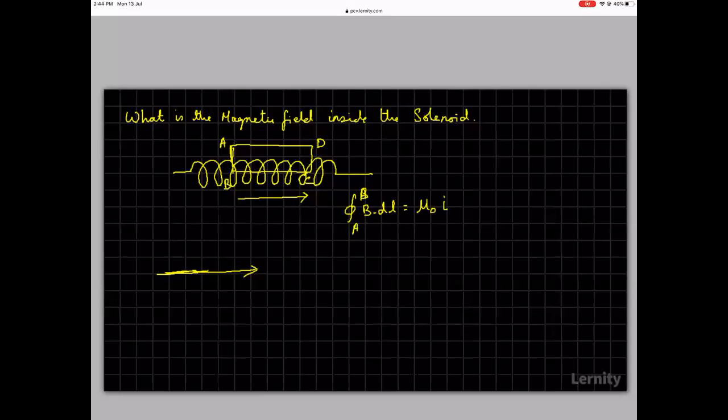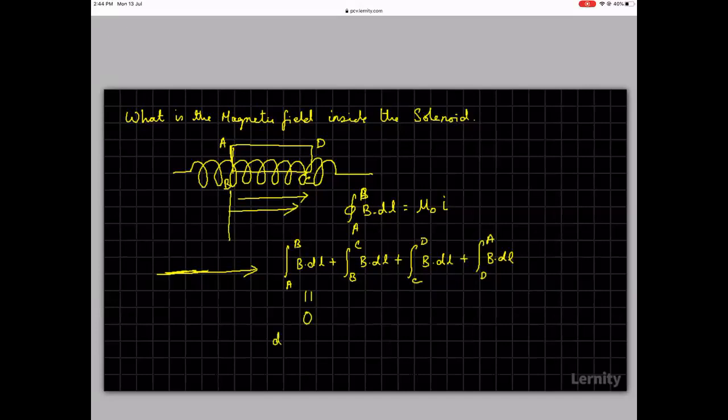Because it is a closed loop, I can break it into A to B, B dot dl, plus B to C, B dot dl, plus C to D, B dot dl, plus D to A, B dot dl. So from A, I have come back to A. Now this integral is equal to 0. Why? Because the magnetic field is in this direction, the dl vector is perpendicular.